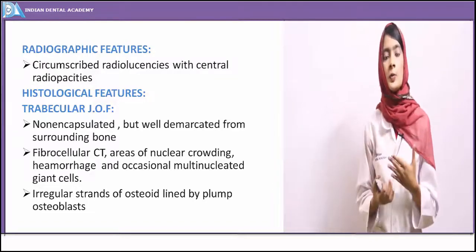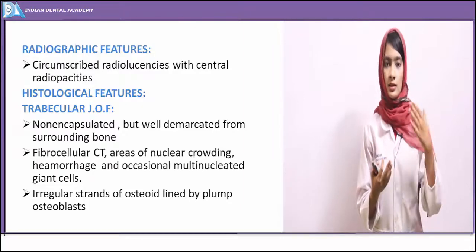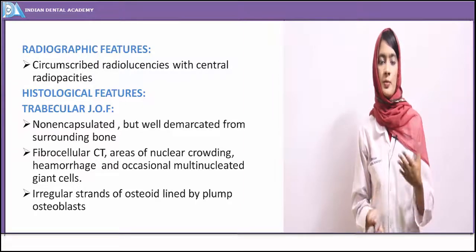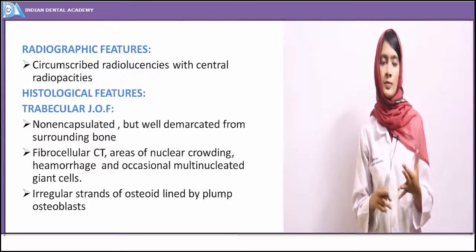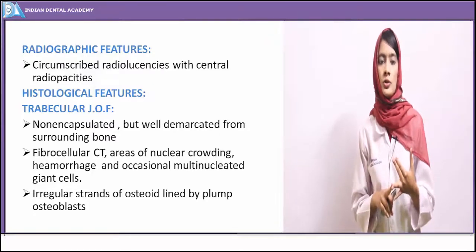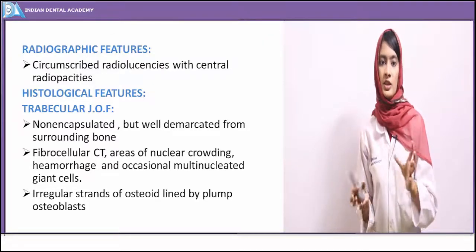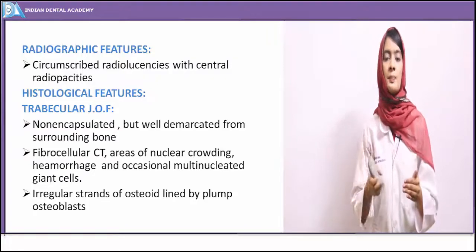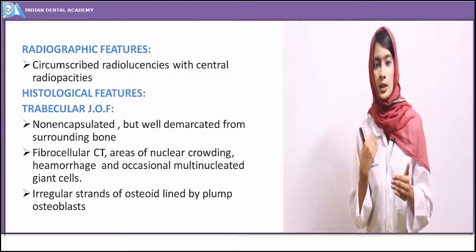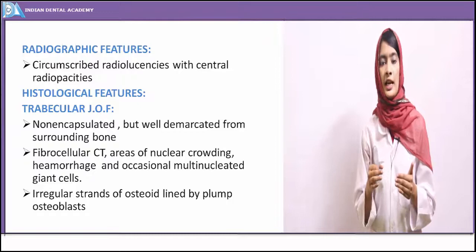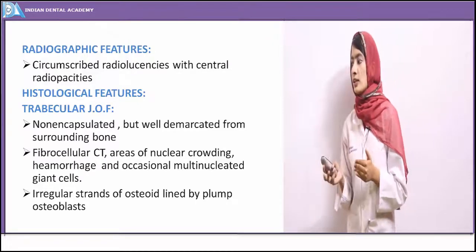Microscopically you can see that there are two variants of juvenile ossifying fibroma, trabecular juvenile ossifying fibroma and psammomatoid juvenile ossifying fibroma. Both have a different histologic picture. The trabecular variety shows deposition of irregular trabeculae-like structures.